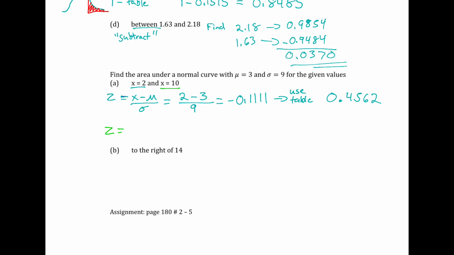For the other x value, it's still x minus mu over standard deviation, which is 10 minus 3 over 9. So we do this number in our calculator and get another decimal. The decimal is 0.78, I think. Let me do it. 10 minus 3 over 9. Yeah. Because I get 7s going down, it has to round up to that 8.